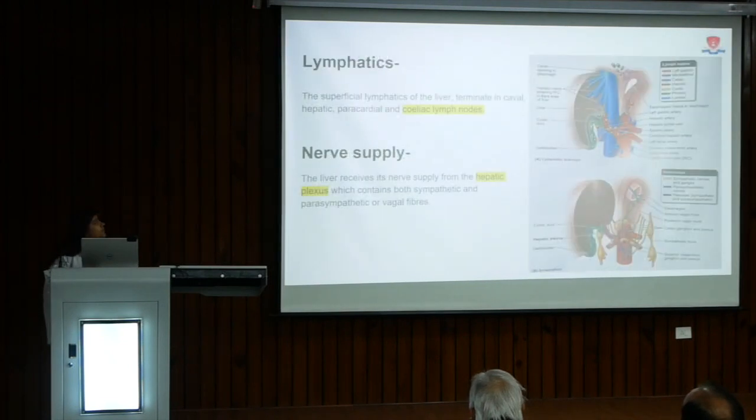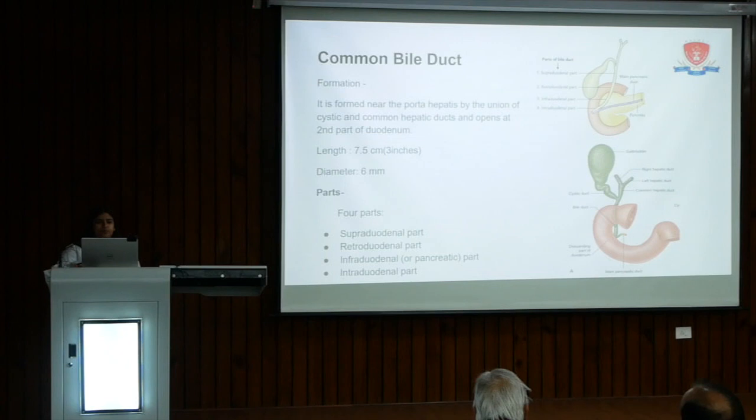The superficial lymphatics of the liver terminate in the caval, hepatic, pericardial and the celiac lymph nodes. The liver receives its nerve supply through the hepatic plexus, which contains both sympathetic and parasympathetic fibers.